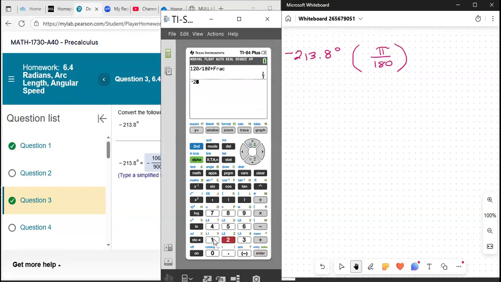So negative 213.8 divided by 180, math, enter, enter, is equal to negative 1069 over 900 times pi.